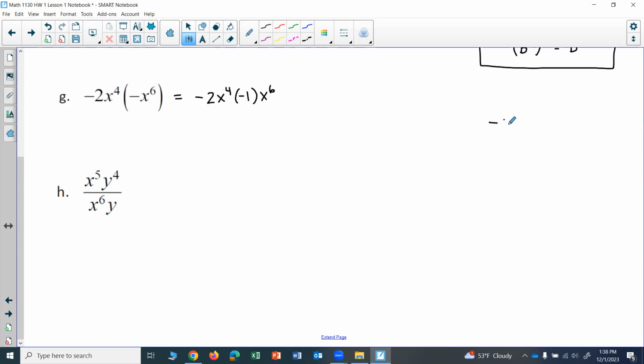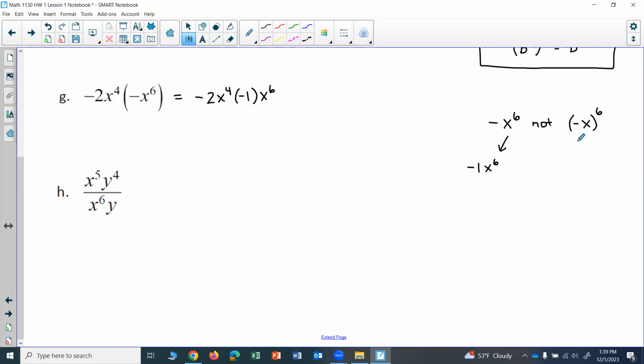So negative and then x to the 6th is not the same as parentheses negative x raised to the 6th power. The negative out front with no parentheses there, that would be like a negative 1 and then x to the 6th power.